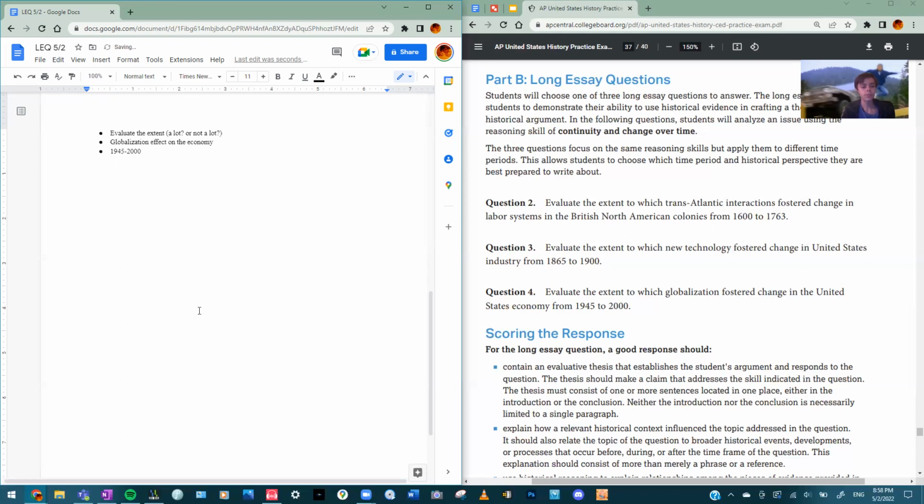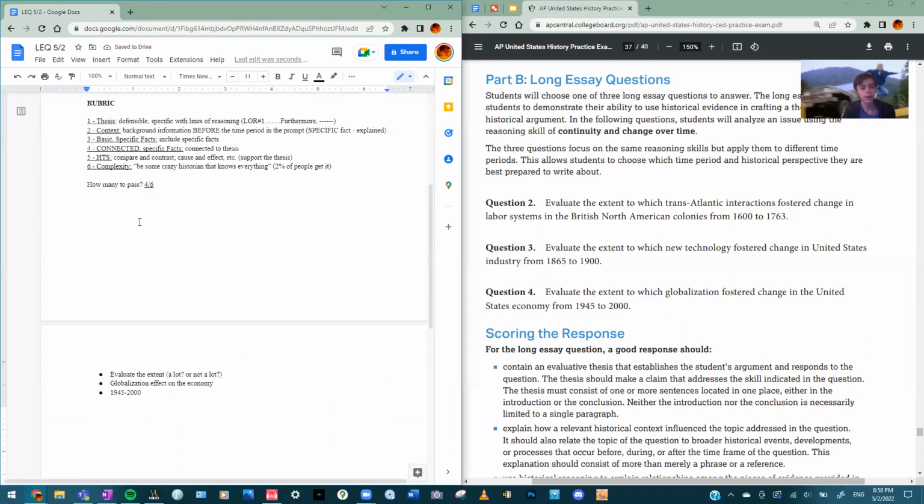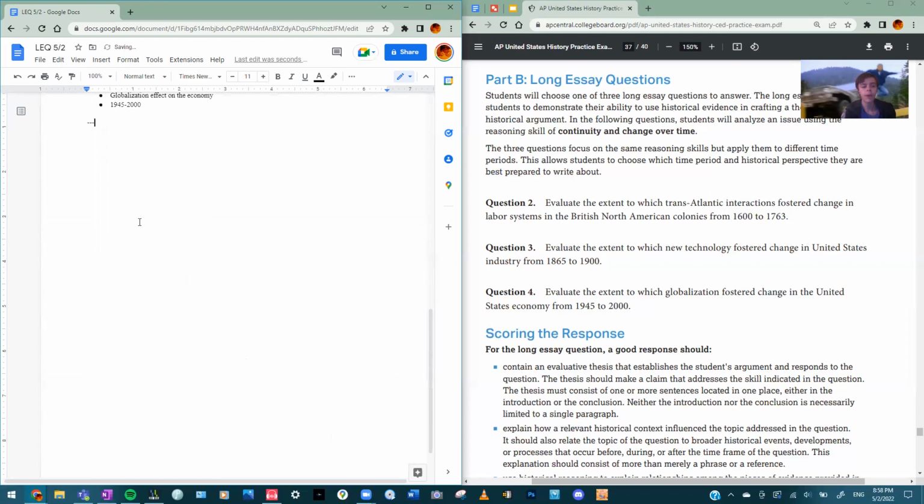So now that I've done that, that was step 1 and 2. Now facts. I'm thinking of what facts. So now that I'm saying that it changed a lot, what could I use to prove that? And I think it might be good to have at least 4 facts.